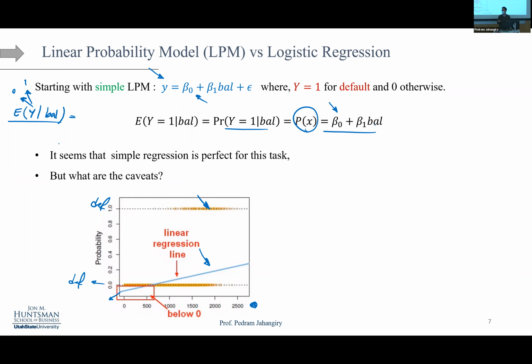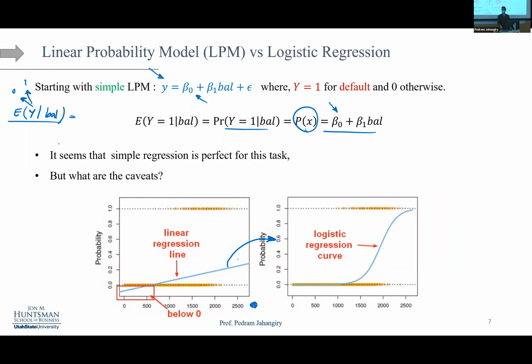So we have to do something about it. Focusing on the first caveat, that this line is going to generate some negative numbers and numbers greater than 1, we have to transform it. We have to take this line and make some change to force the outputs, the probabilities, to lie between 0 and 1. So basically we want to get something like this. This is what logistic regression is doing.